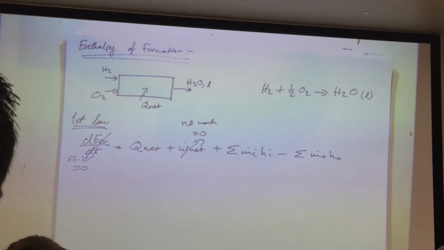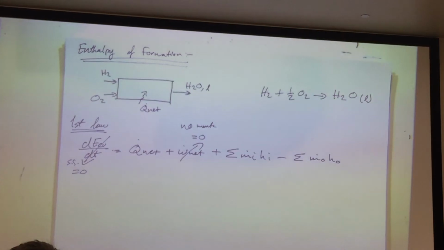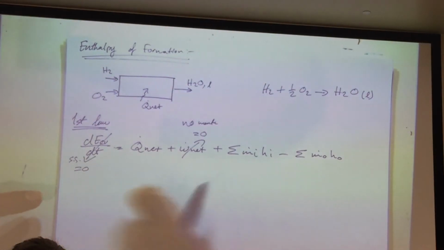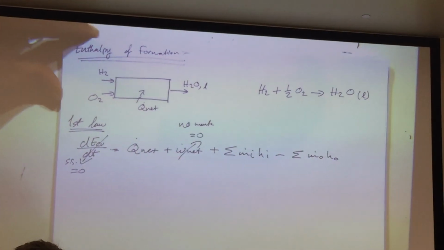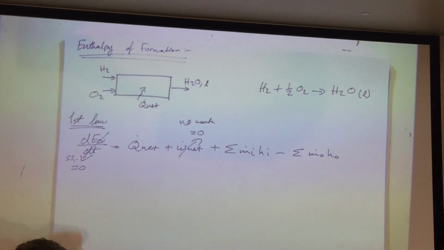So what do I have? I have the heat equal to the difference between the mass flow times its enthalpies.